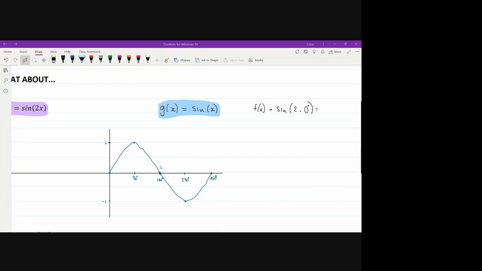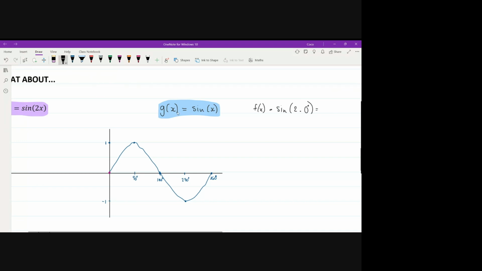Anybody got 0 for me? I know the answer is supposed to be 0. Good. Yes, Abulele, we're supposed to get 0. It was kind of a trick question. We're supposed to get 0, right?